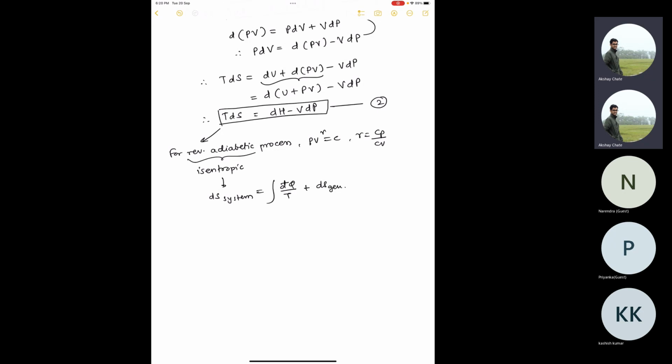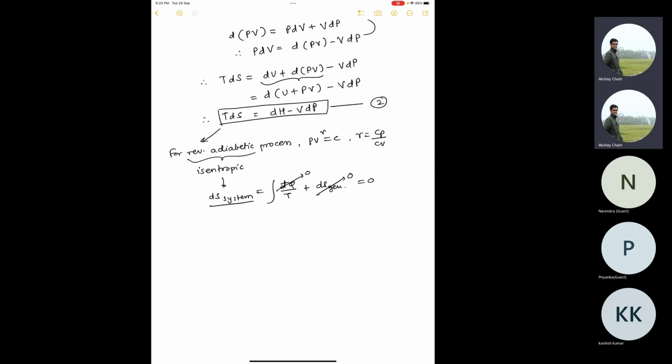So when your process is reversible, this goes to 0. When it is adiabatic, this goes to 0. So the whole term is 0, so your system ds is 0. Even you can call surrounding also 0 because there is no dq, and therefore it's a reversible adiabatic process and it's also an isentropic process.